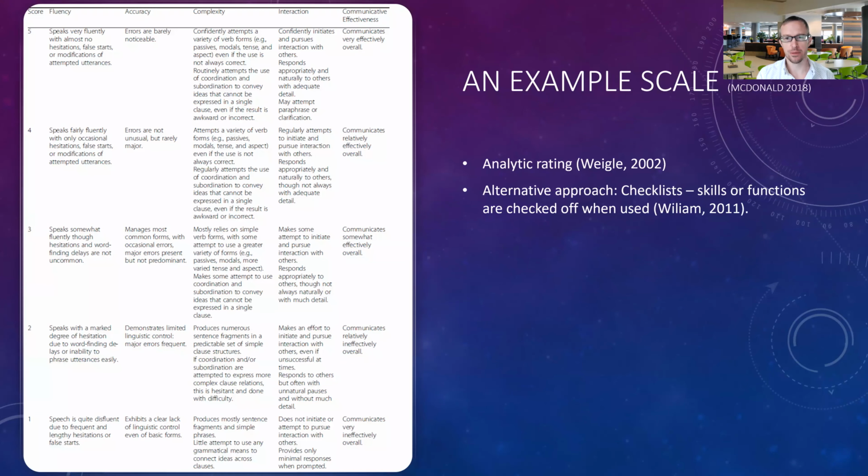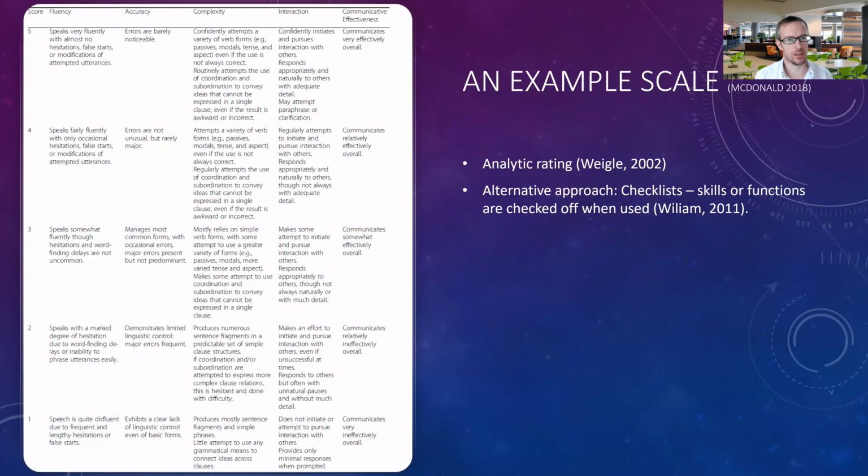So here's an example of a scale. This is from McDonald's 2018. Perhaps my camera is covering the citation, but anyway, McDonald's 2018, and it's an example of an analytic rating scale used for assessing speaking. We can see at the top there are 5 categories: fluency, accuracy, complexity, interaction, and communicative effectiveness.